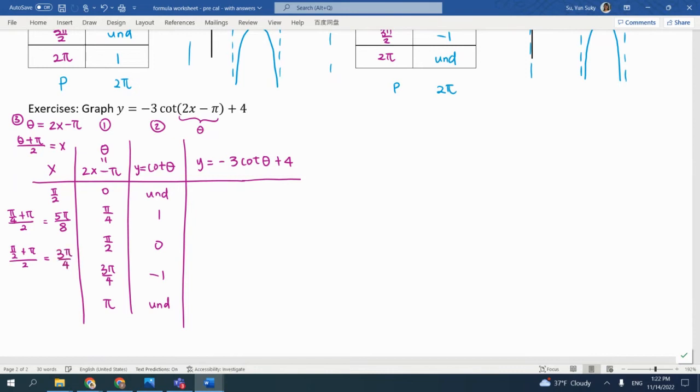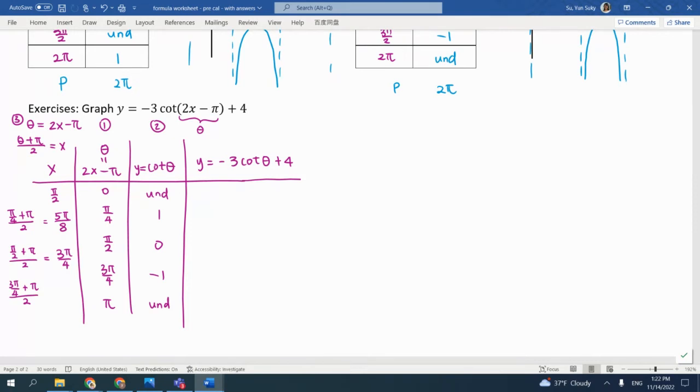Very good. Okay, now we're putting in theta is 3 pi over 4. We add pi to it and divide it by 2.